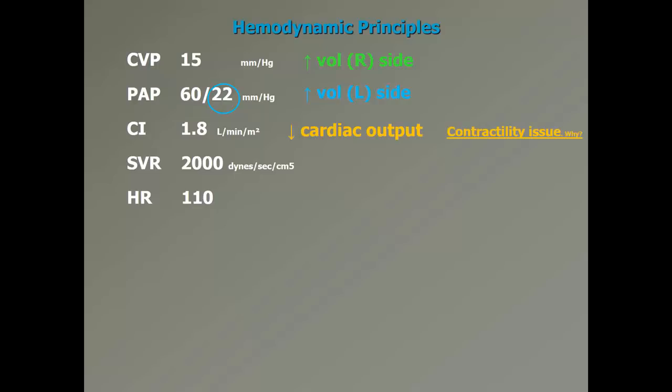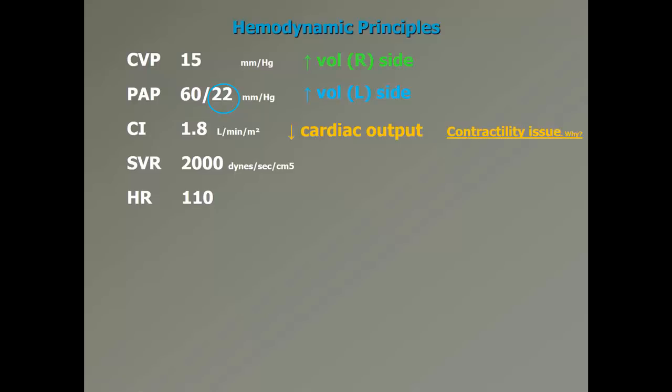In the presence of a lot of volume, the cardiac output should be normal, because if the heart is doing what it's supposed to do, which is pumping blood forward, then its job is to pump that blood forward. And if there is not a normal cardiac output in the presence of a lot of volume, then this is a contractility issue.